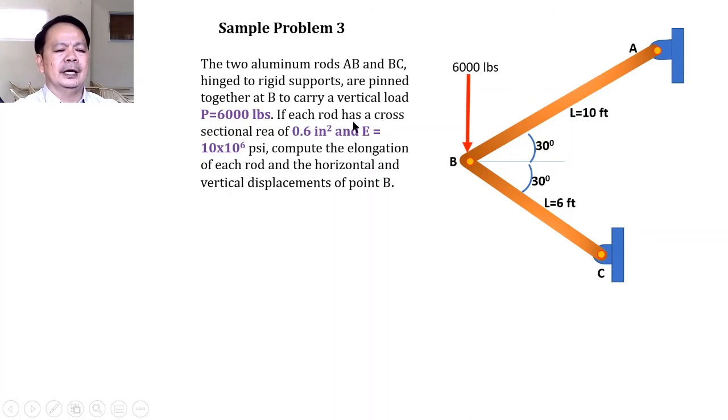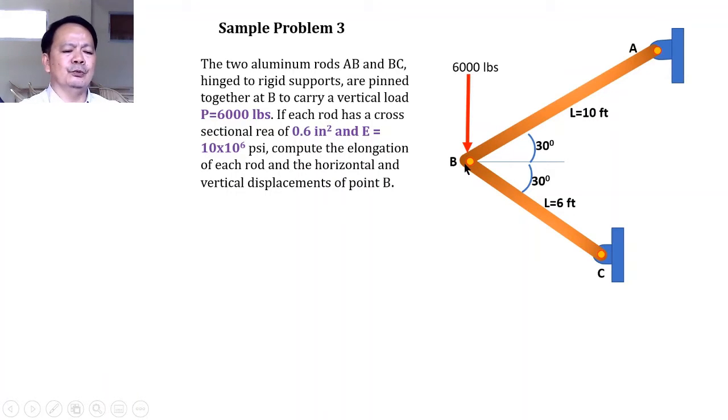If each rod has a cross-sectional area of 0.6 inch square and a modulus of elasticity of 10 times 10 to the 6 psi, compute the elongation of each rod and the horizontal and vertical displacement of point P. So what is being asked of us here is the elongation or deformation of AB and BC, considering that this will be supporting the load of 6,000 pounds. After that, we shall be looking at the vertical movement of this point B as well as the horizontal movement when this is subjected to a load of 6,000 pounds.